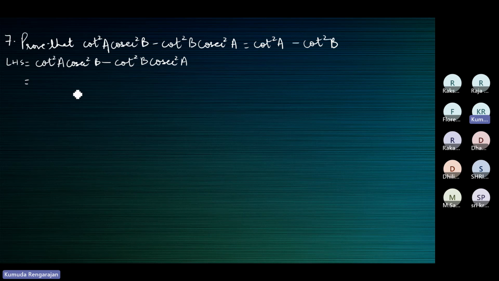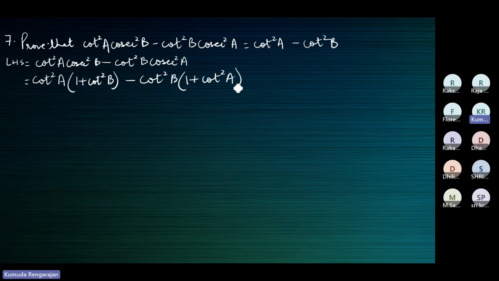So in the LHS, you'll have to replace cosecant square A and cosecant square B with cot square A and cot square B. So cot square A into cosecant square B. Cosecant square theta minus cot square theta is 1, so cosecant square theta is 1 plus cot square theta. So cosecant square B will be 1 plus cot square B, minus cot square B into cosecant square A, which will be 1 plus cot square A.